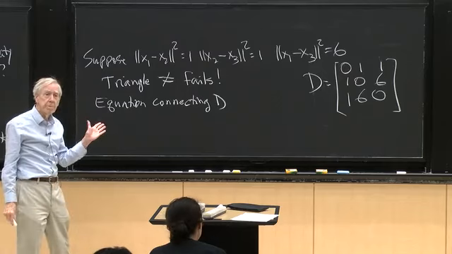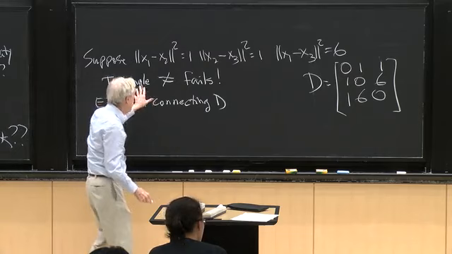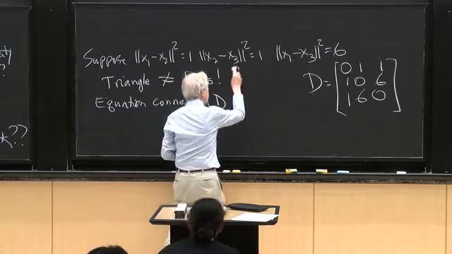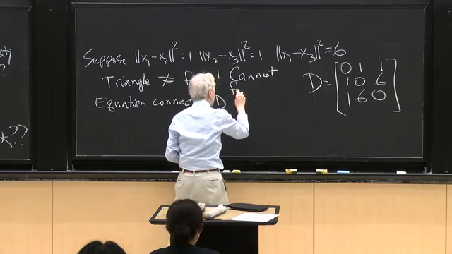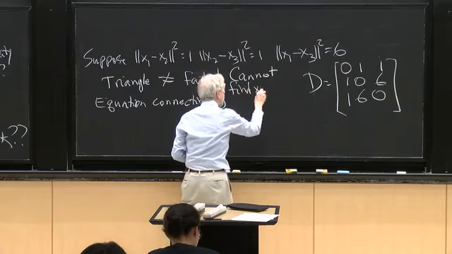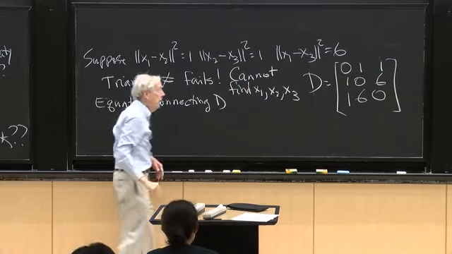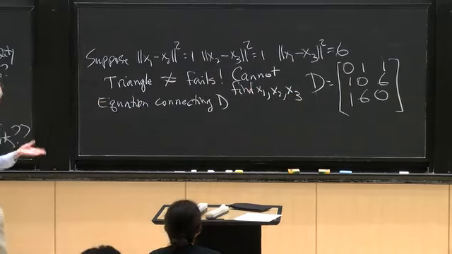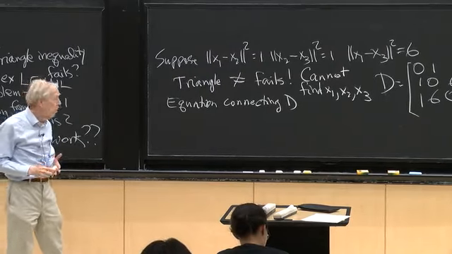Okay. So that's the distance matrix, and the job was to find, and I'm just going to write down, we cannot find x1, x2, and x3 to match those distances. So what goes wrong? Well, there's only one thing that could go wrong.